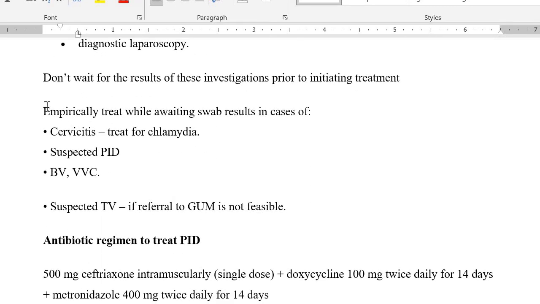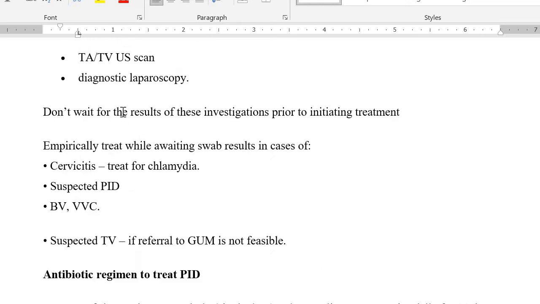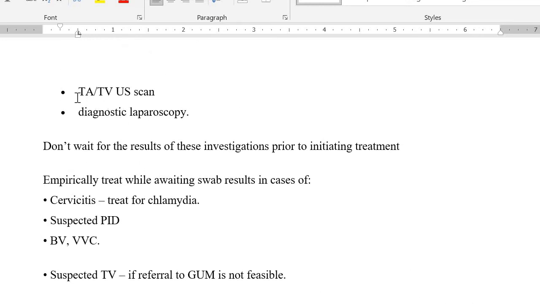After taking the swabs and the examination, you should go for a transabdominal or transvaginal ultrasound. In some cases we have to do a diagnostic laparoscopy, but mostly we don't have to. But as I have shown you, there can be Fitz-Hugh-Curtis syndrome if the patient has recurrent STIs.